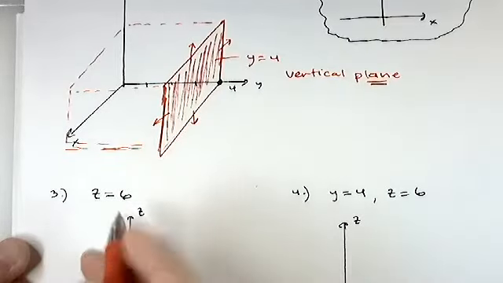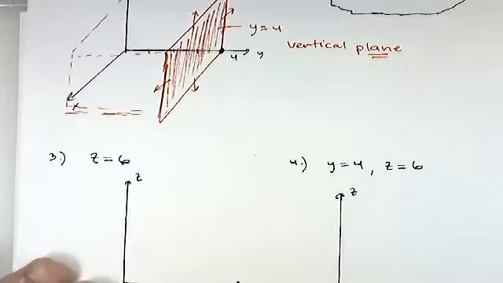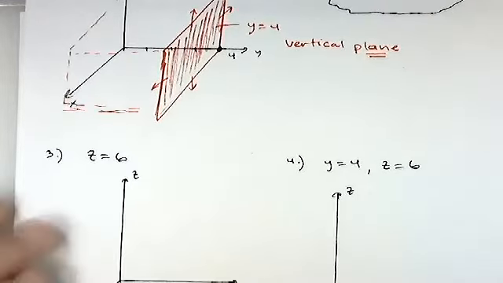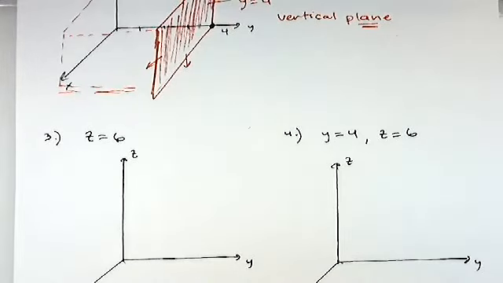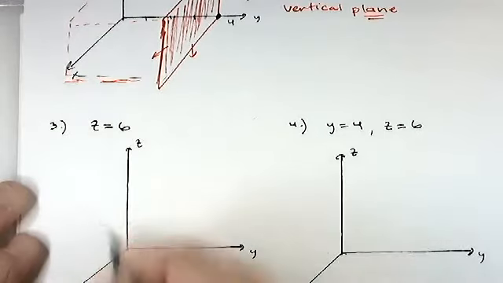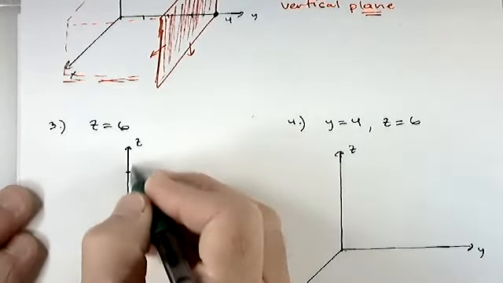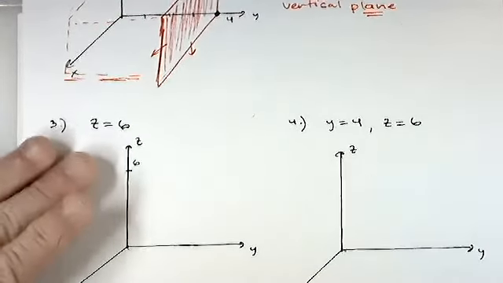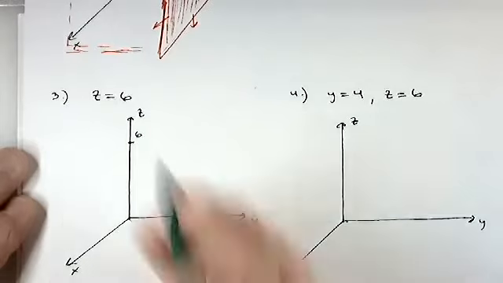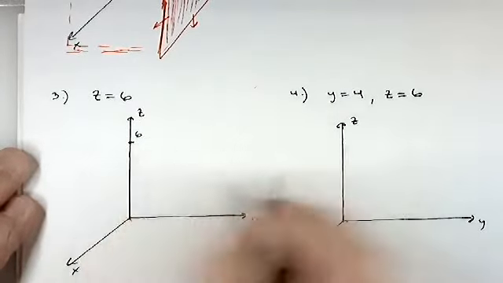So when we see just y equals a number or z equals a number or x equals a number, it's going to be a plane now, not a line that we're used to seeing in 2D. Z equals 6 would be the same idea. I would go to the z-axis at 6. Let's just pretend this is 6 right here. And what that means is, whatever your x and y are, z is always 6.